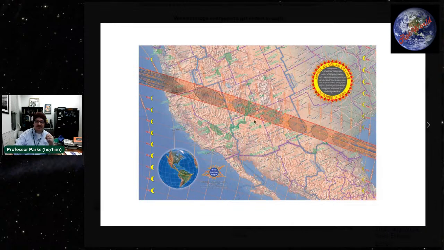You might be wondering what the circle is. That blue circle represents the shadow's extent at that specific instant in time. The shadow is not a circle passing across the surface of the Earth.